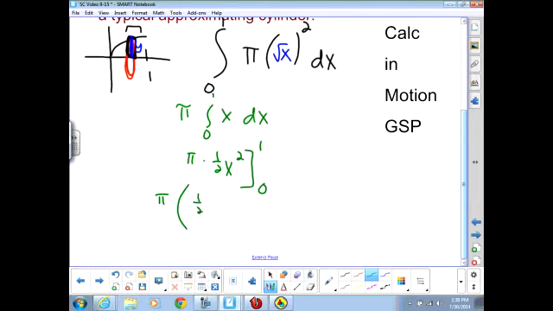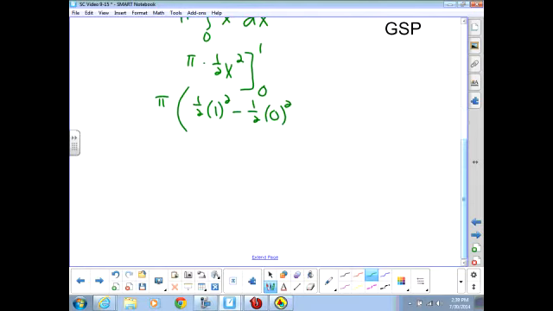We'll have 1/2 times 1 squared minus 1/2 times 0 squared. The 0 will wipe out. We'll just have pi times 1/2, or in other words, pi over 2. What that is saying is the volume of our solid from 0 to 1 when we revolved it around the x-axis is just pi over 2.